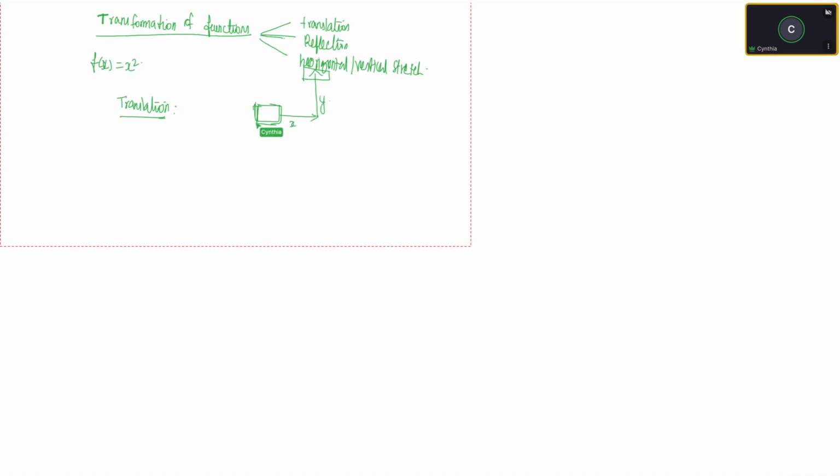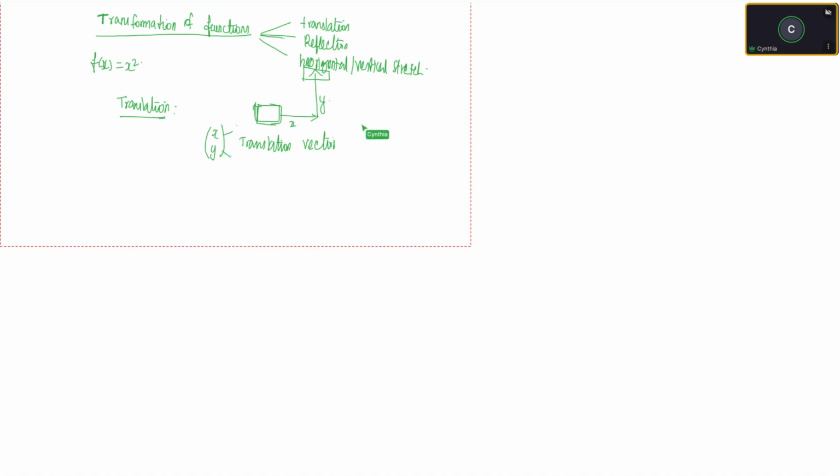This is in the Y direction. So how do you represent the translation? Normally you specify it with a vector. This is the translation vector. This is the change in the X direction and this is the change in the Y direction.